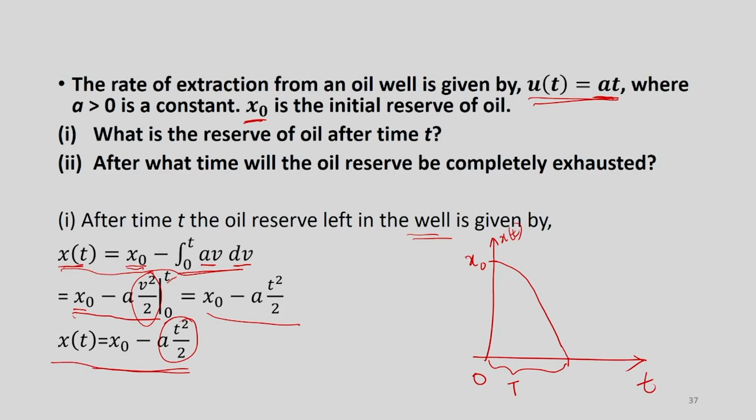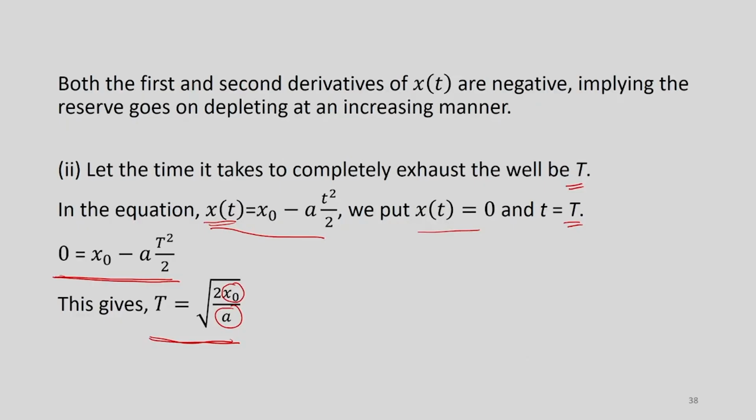If small a is high, that means the rate of extraction is high, and that will also mean that the exhaustion of the well will take place in a shorter time. So, if you are extracting at a faster rate per unit of time, then it will take a shorter time to completely take out the oil from the oil well. So, in that case capital T will decline.